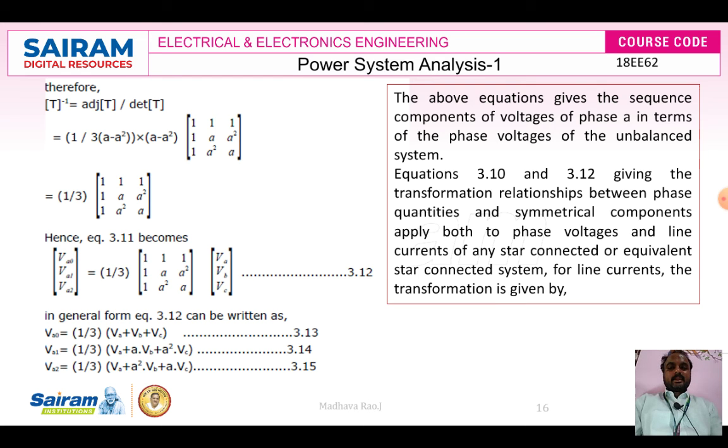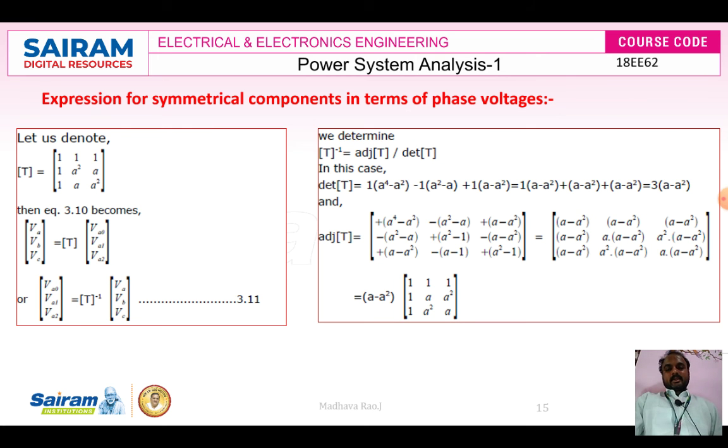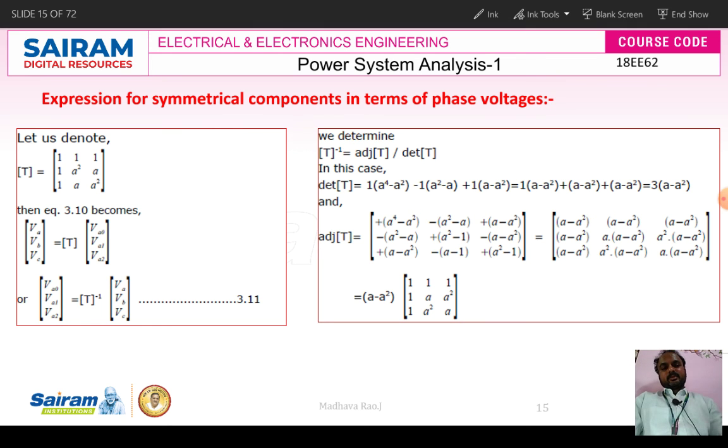The inverse matrix is 1 by 3 into 1 1 1, 1 a a square, 1 a square a. We will substitute that matrix in equation number 3.11.